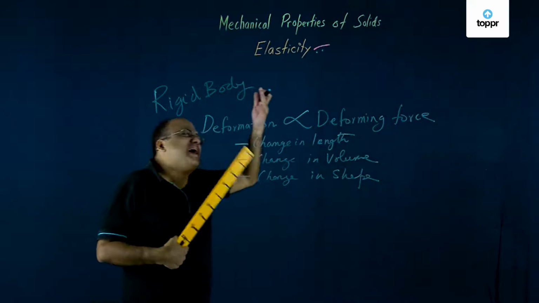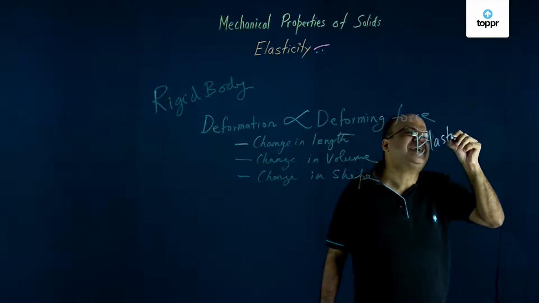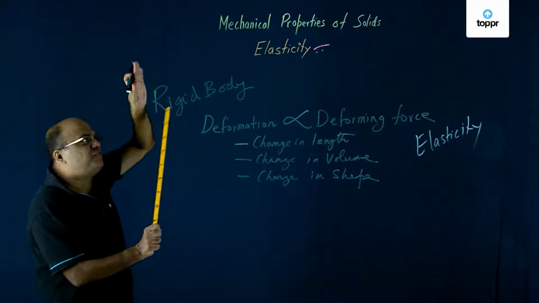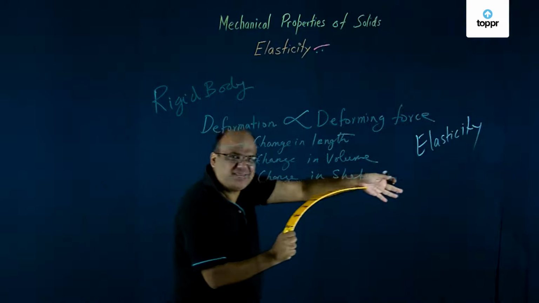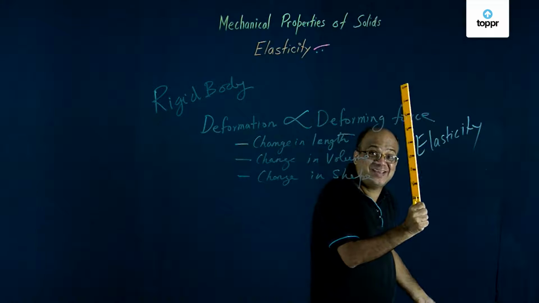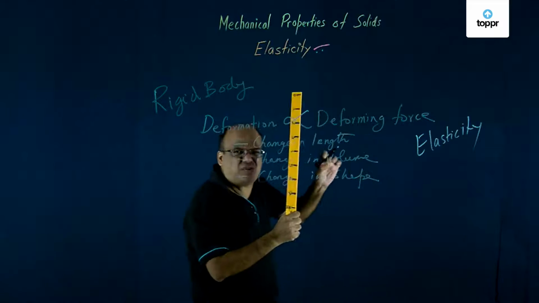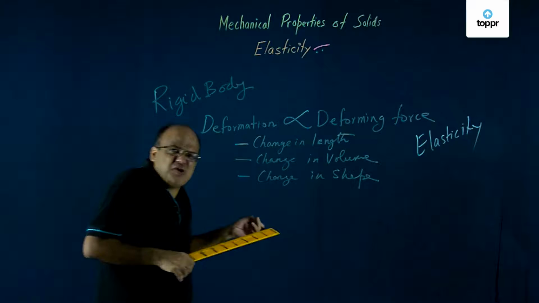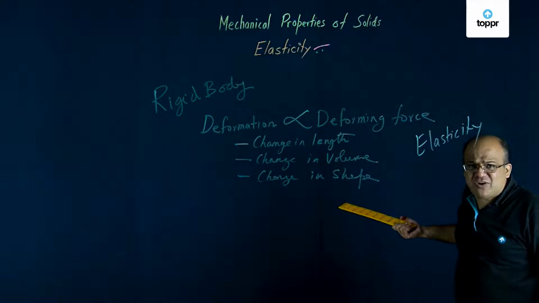Now, what is this elasticity? We are trying to learn elasticity. So what is elasticity? I apply a deforming force on this scale. This scale has a tendency to come back to its original shape and size once the deforming force is withdrawn. This is what is called elasticity. It is the tendency of a body to return to its original size and shape once the deforming force is withdrawn.